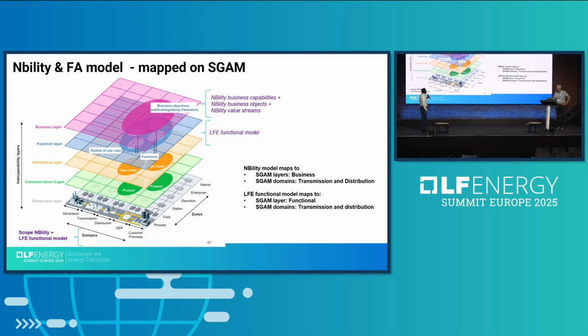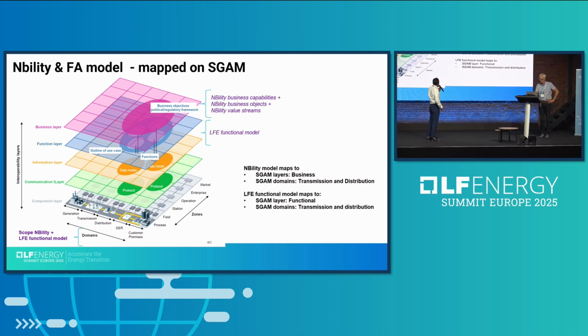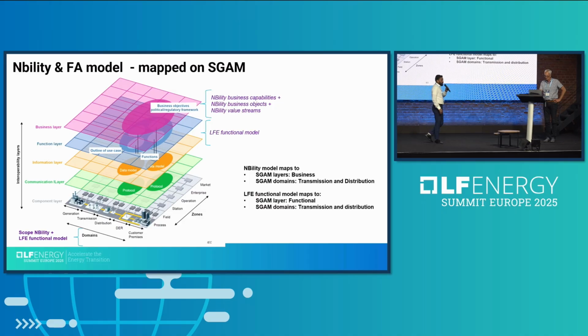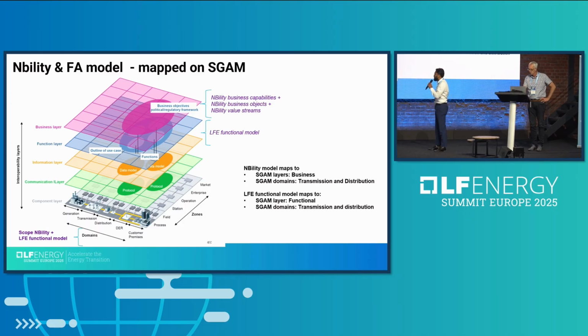Yeah, so I will cover a little bit here. I hope this is a known reference model for you, the SGAM. I will link it a little bit to the LF Energy functional architecture model, which I just explained. And if the Nbility part comes, I think Ton can also elaborate on it. So here we see the different layers, and a very valid question can be asked: how do you plot the different functions and the business services which you showed us on a model like this?